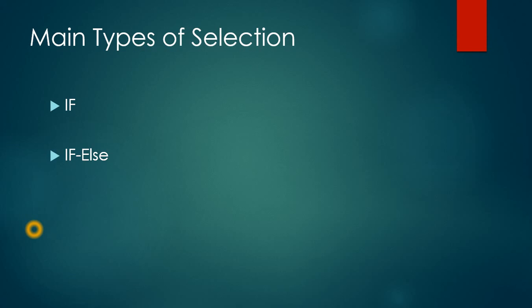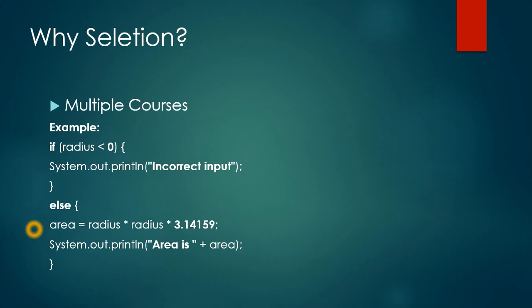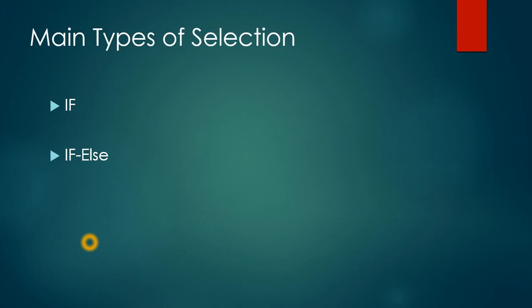If it's not true, then else. Do the other thing that was described in the program, as stated right here. If the radius is less than 0, that's the statement, you're going to output incorrect input. Else, display the area. So it helps make it a little bit easier when explaining selections.